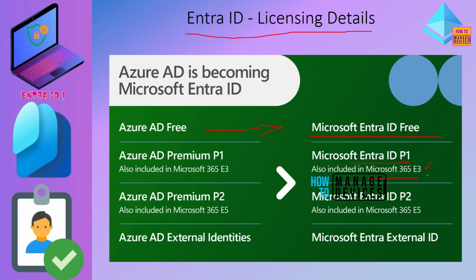Some features like conditional access, etc. are available only for the P1 license and above. The Microsoft Entra ID P2 license is included in the Microsoft 365 E5 license as well. And then there's a license for external identities, that is called the Microsoft Entra External ID license.